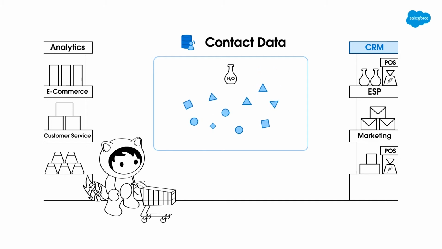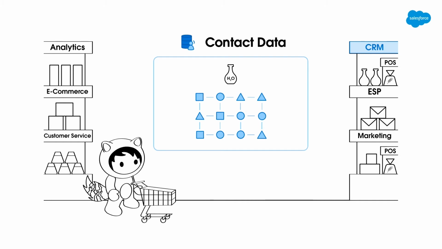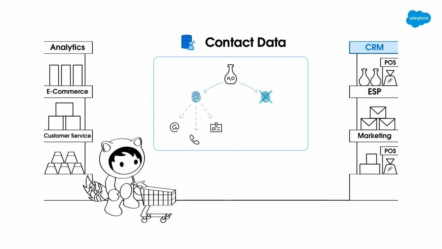It will be what holds all of your ingredients together. Contact data consists of one part unique identifiers, such as an email address, a mobile number, or a member ID.